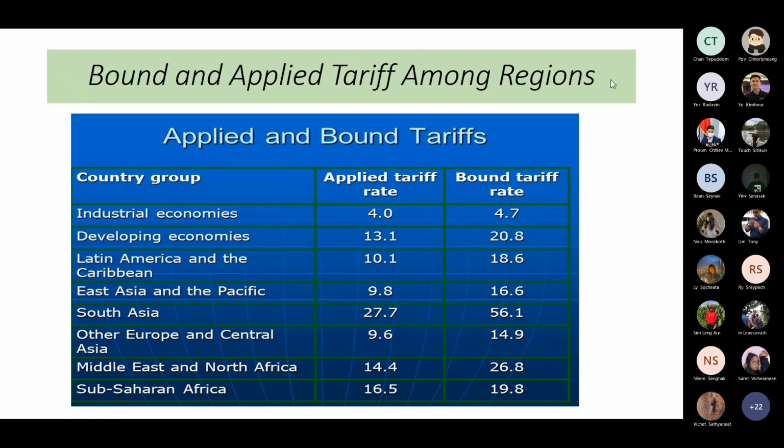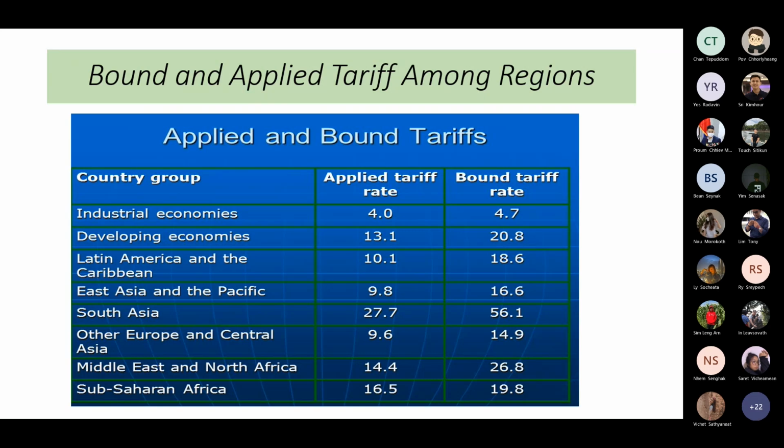Guys, this is a very important table that I extracted from the WTO website. You can see the bound and applied tariff rates among regions in the world. For example, in industrial economies like the OECD, the Organisation for Economic Co-operation and Development, especially in Europe, the applied tariff rate is 4%, while the bound tariff rate is higher than the applied tariff rate by 0.7%.